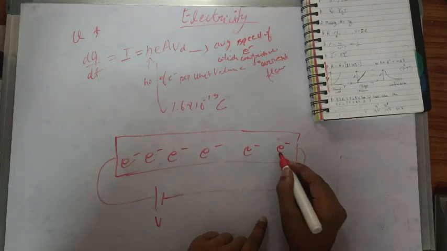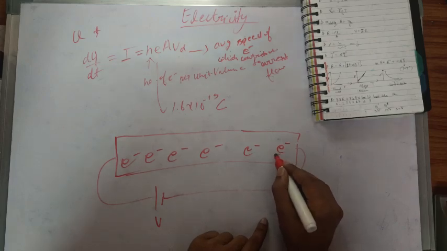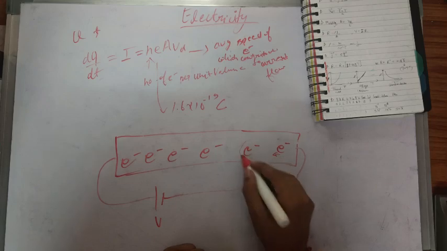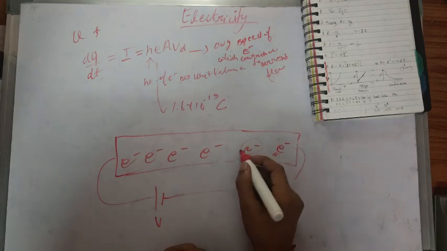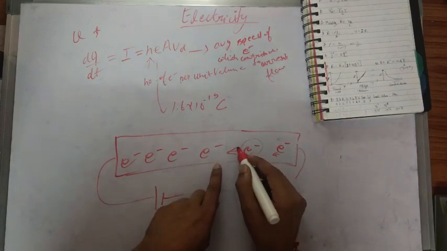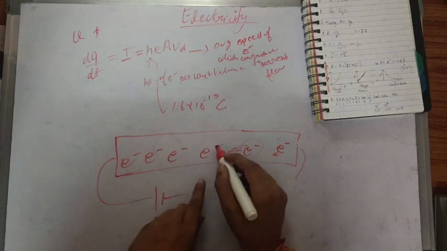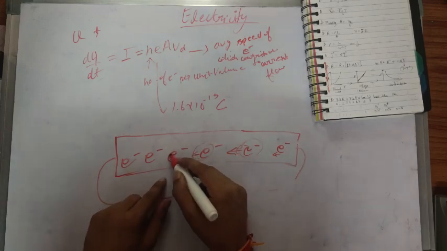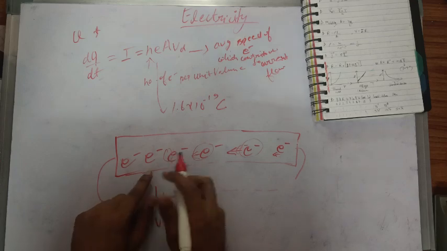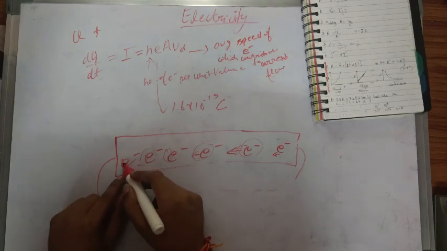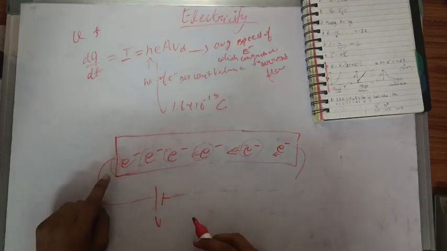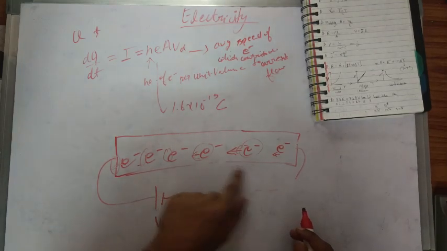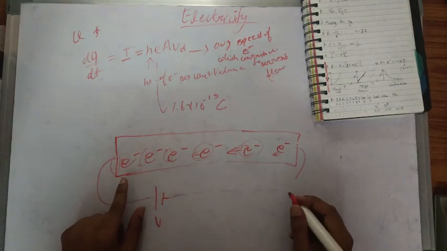This electron moves a little bit in this direction, and as they become closer, the next will feel more repulsion and move a little bit, and this one similarly shifts a little bit, and this also shifts a little bit. And all this happens very quickly.